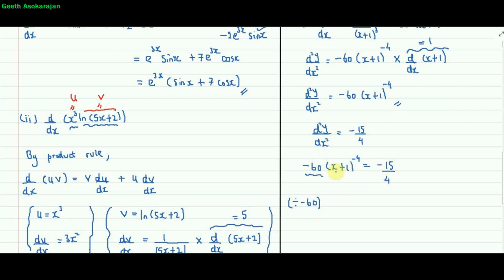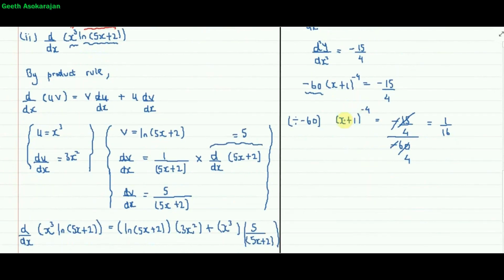If I divide both sides by minus 60, we're going to have x plus 1 to the minus 4 equal to the minus 15 over 4 divided by the minus 60. In this case the minus 15 and the minus 60 will cancel 4 times, and we're going to have as a result 1 over 4 divided by 4. So 1 over 4 divided by 4 is 1 over 16.